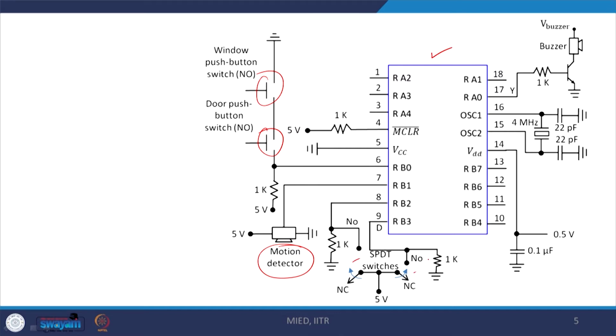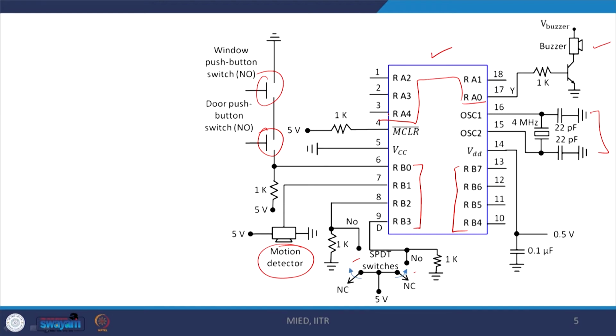The buzzer is connected through RA0. We have a crystal connected over here. These are the ports, basically B0 to B7, the 8 ports, and RA0 to RA4, the 5 ports.